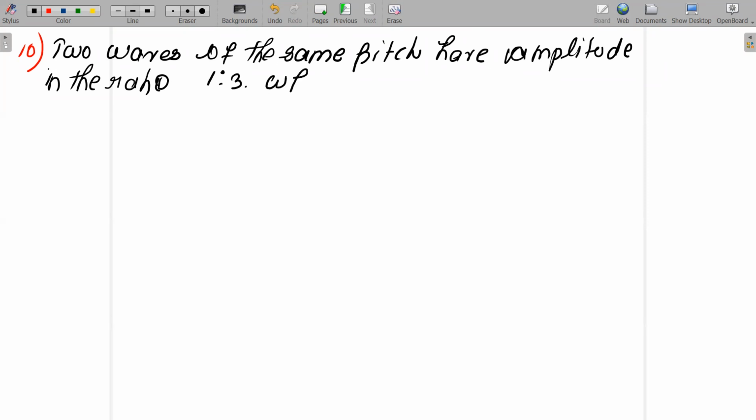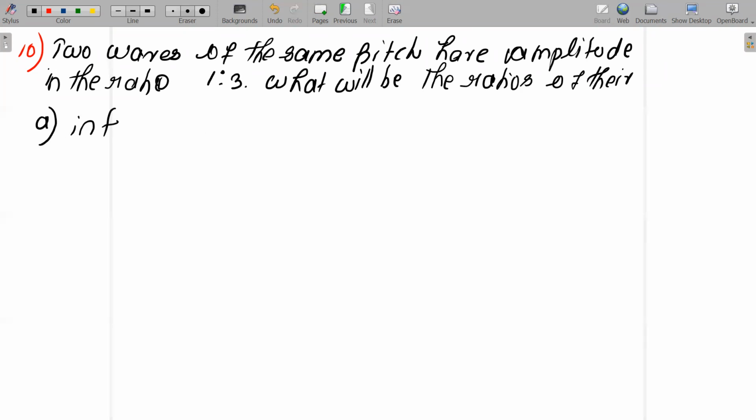What will be the ratios of their A, intensities, B, frequency?